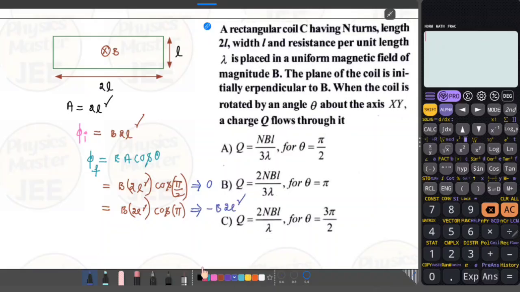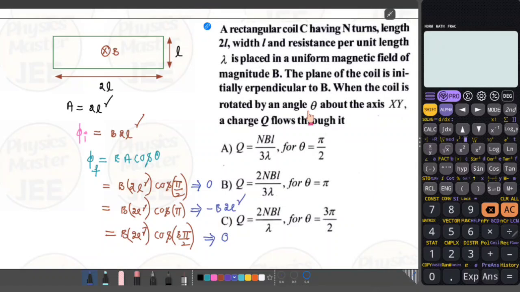And for the last case, angle 270: B into 2L square cos 3 pi by 2, and cos 3 pi by 2 is also 0. So this is also 0.